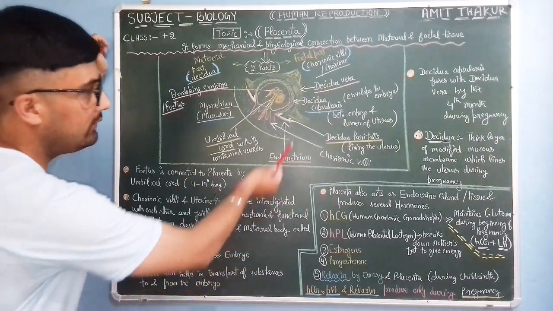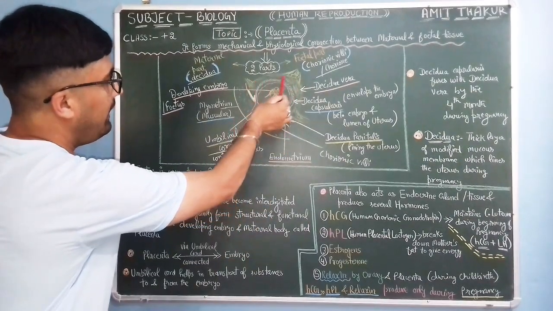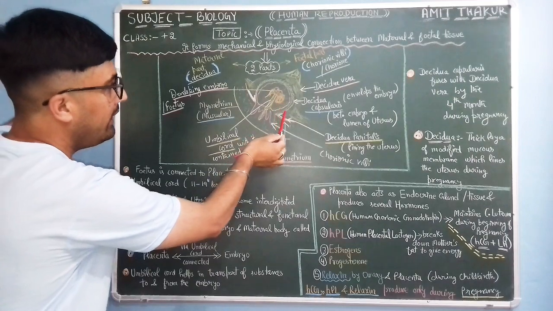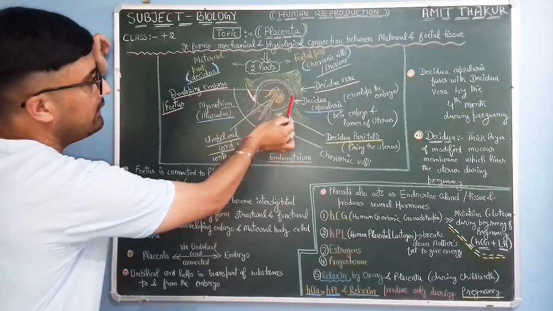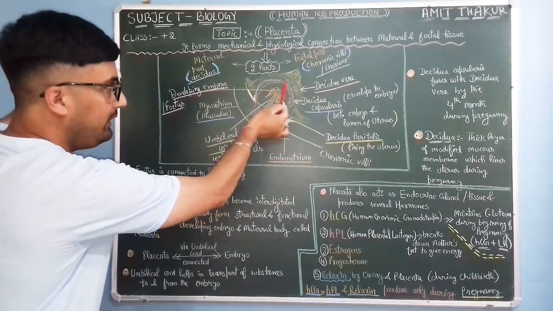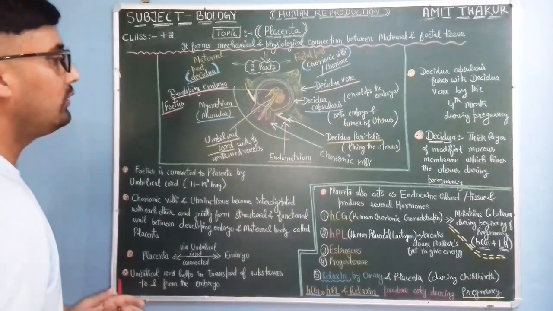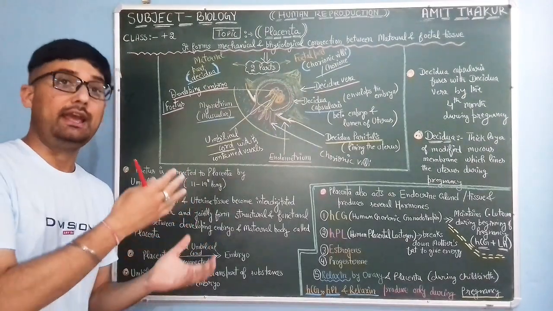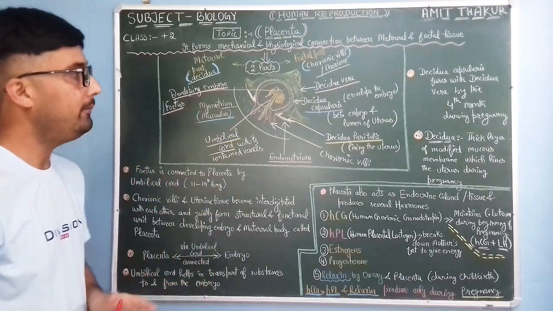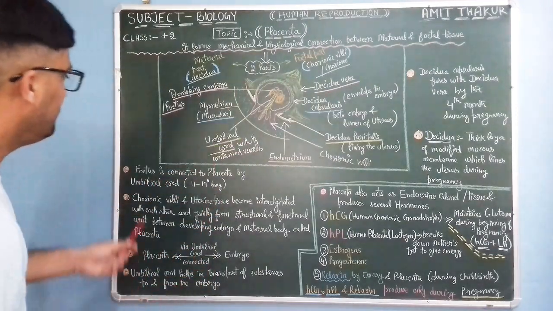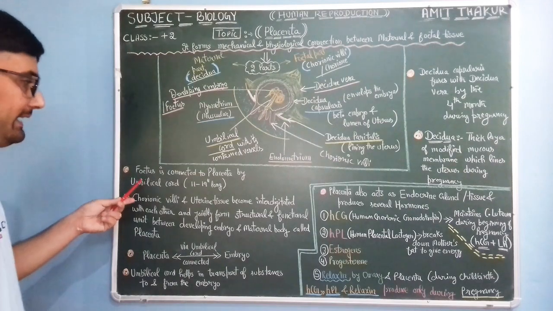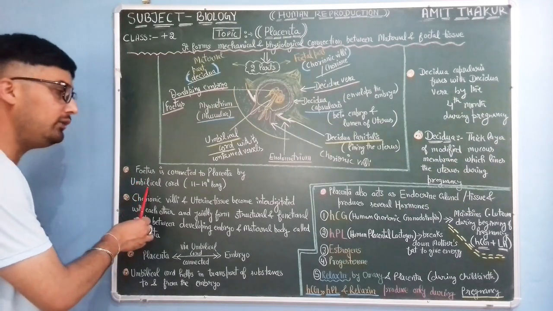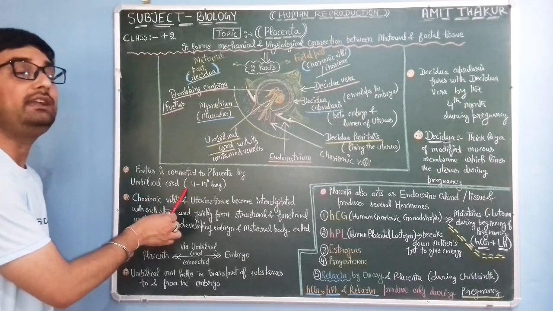So decidua is all the maternal part which envelops this fetus or embryo, to provide protection as well as nourishment to the growing embryo. The fetus is connected to the placenta by the umbilical cord, which is 11 to 19 inches long.